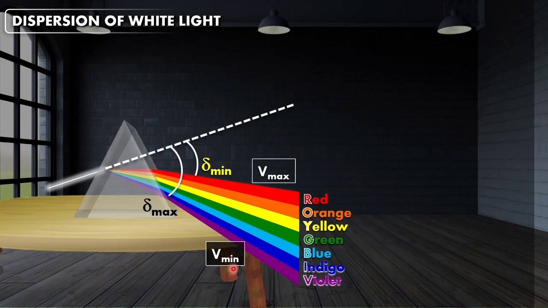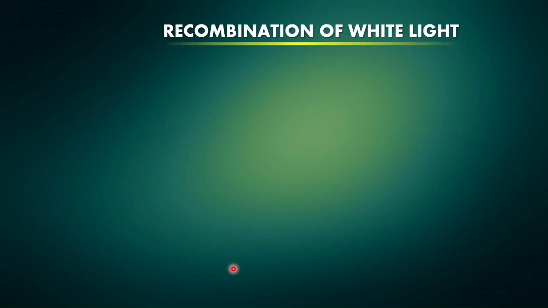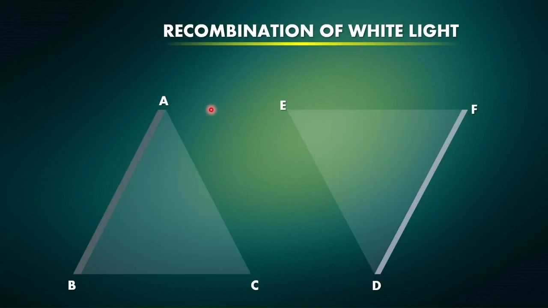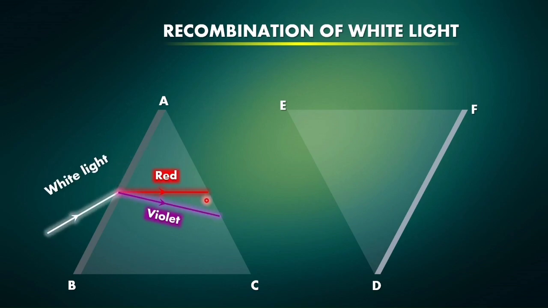Okay, next let us see the recombination of white light. In this experiment, Newton first let white light pass through a prism, and this caused dispersion of white light into 7 colors. So next Newton ki korile, eta inverted prism rakhi dile in the path of the spectrum, can you see here?